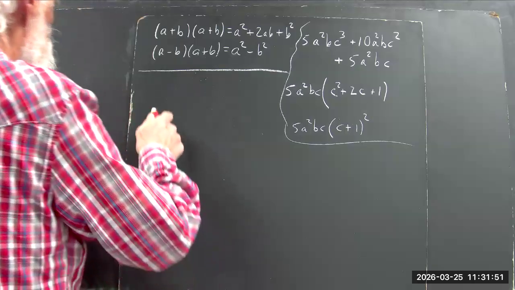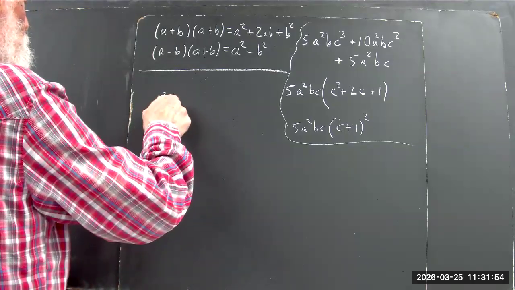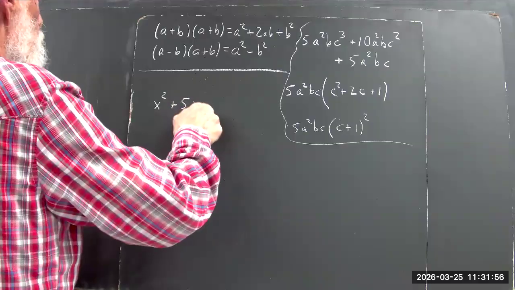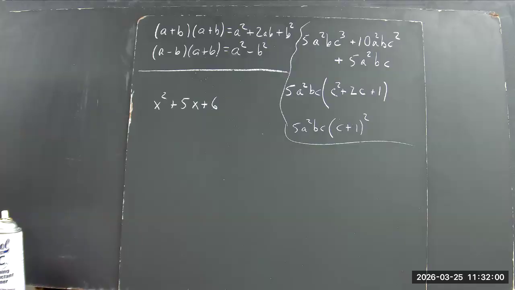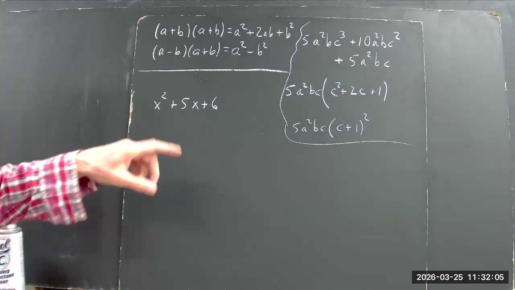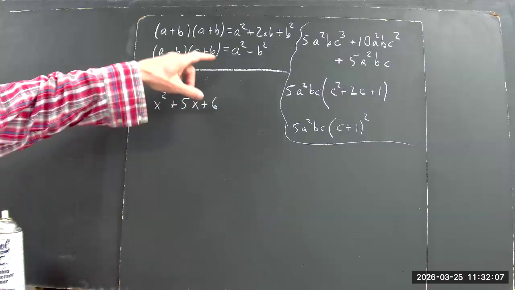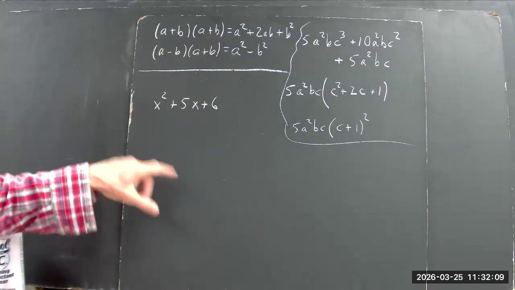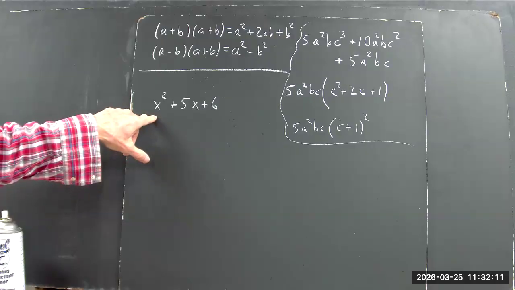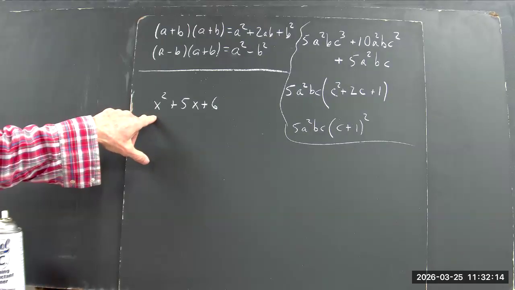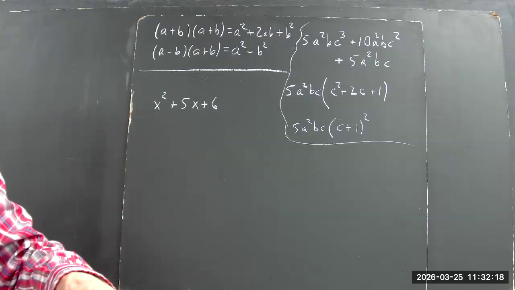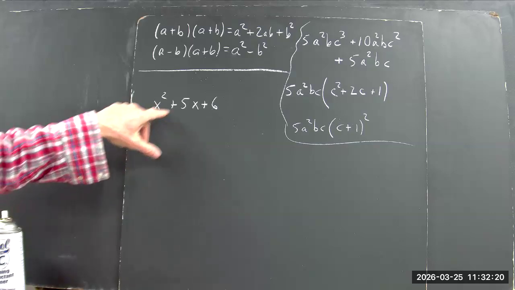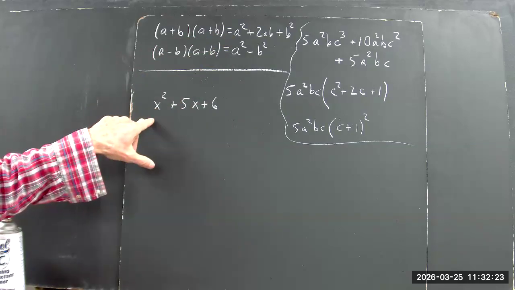Okay, trinomial. How about this one? X squared plus 5x plus 6. Now, right away, you can see that if you're trying to use one of the special products, your A would have to be X. Because there's no other number in front of X, A just has to be X if A squared is going to match up with X squared.